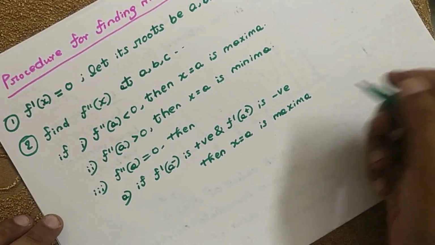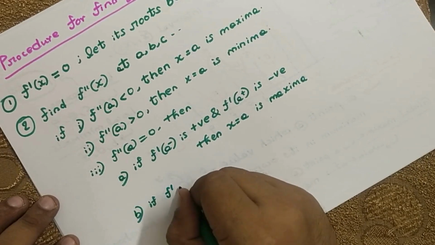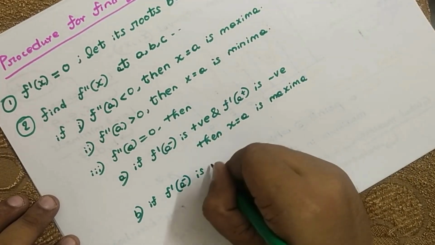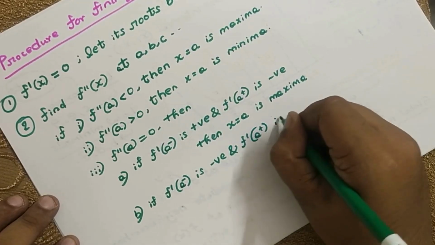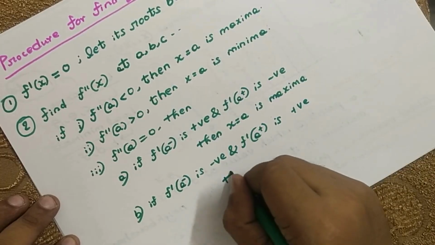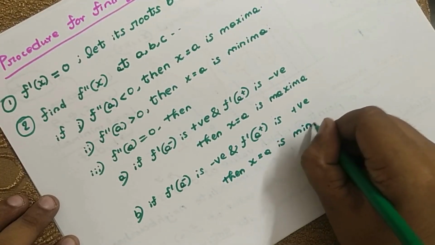We already discussed all these points. Next, if f dash of a minus is negative and f dash of a plus is positive, then x is equal to a is minima.